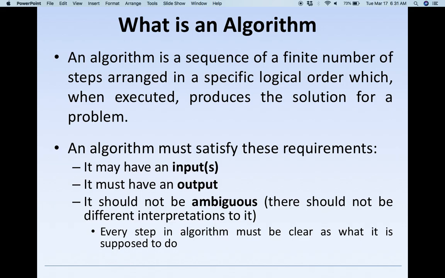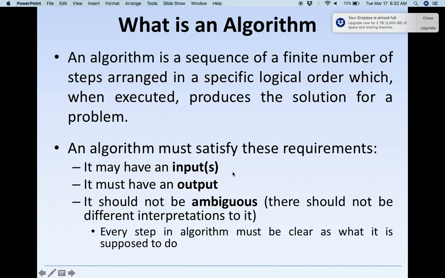That's what we're talking about throughout the course: we take an input, we do some computations in a certain order, in a certain sequence. The sequence is very important, how you're going to perform these statements, and then you get the solution of the problem. So an algorithm must specify these requirements.